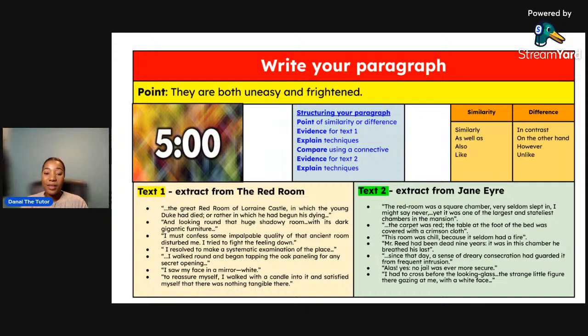So like we did before, the first sentence should be a point stating a similarity or difference, just like the one in the yellow box at the top there. Okay, so you can just use that one. Then you need to find your evidence for text one, look at what techniques are used there, and then find your evidence for text two.